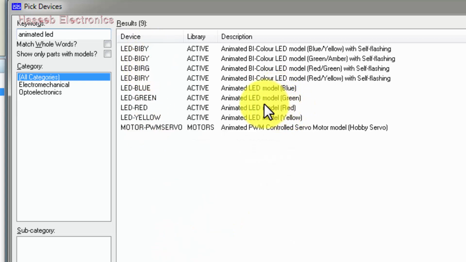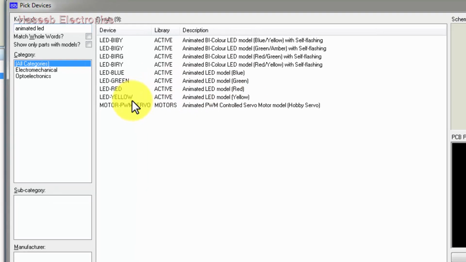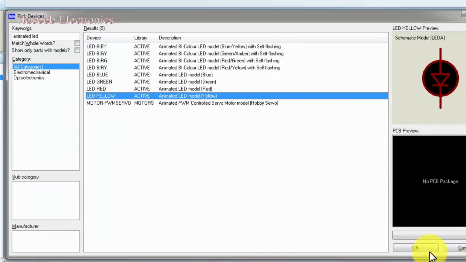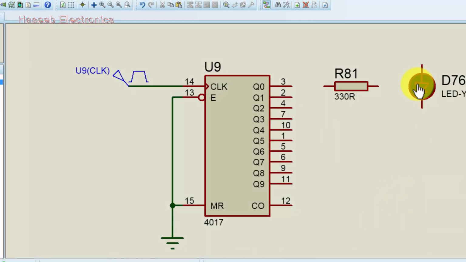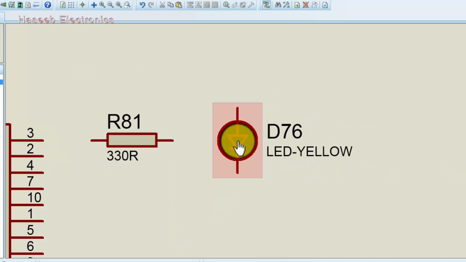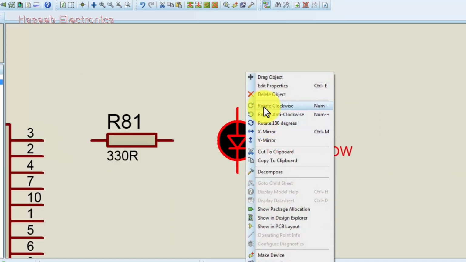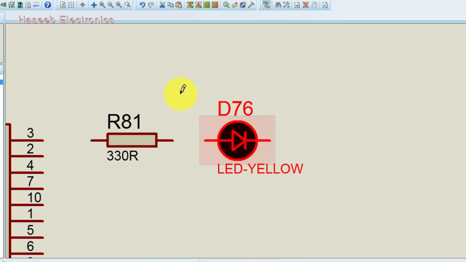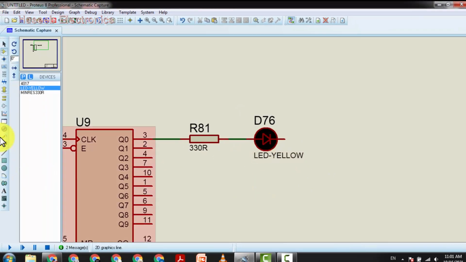So we can select any colored LED. So here is yellow. Okay, yellow is good. Rotate it anti-clockwise. Okay, this here, and we will place ground to the cathode of LED.